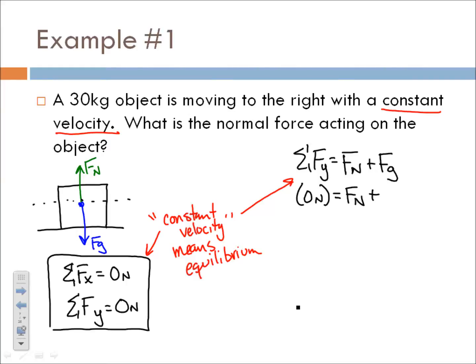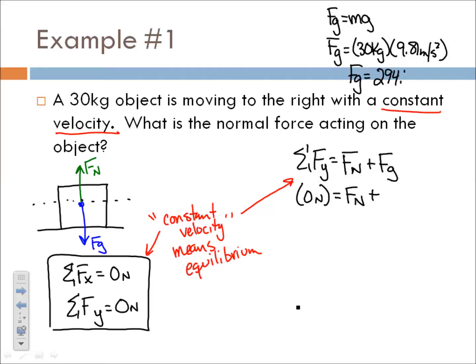Now I have the mass of the object, but I don't have the gravitational force. I can calculate it, however. So I'm going to do that as a separate calculation. I'm going to find the gravitational force, or the weight of the object. So I'll take that mass of 30 kilograms, and I'll multiply it by 9.81 meters per second squared to get a gravitational force of 294.3 newtons.